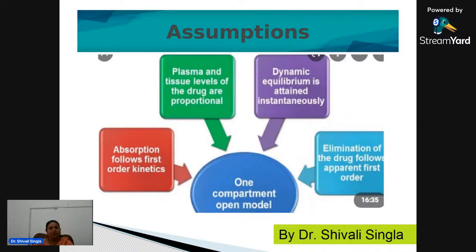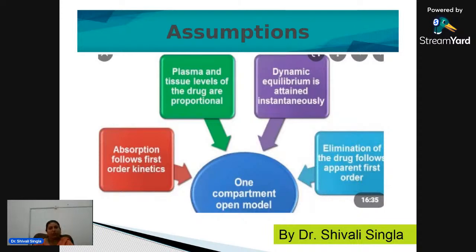Second, plasma and tissue levels of the drug are proportional. Means the drug that is present in plasma and tissue is directly proportional to each other. A dynamic equilibrium is attained instantly. Means in the one compartment open model, the whole body is equilibrated with the drug immediately after the administration.